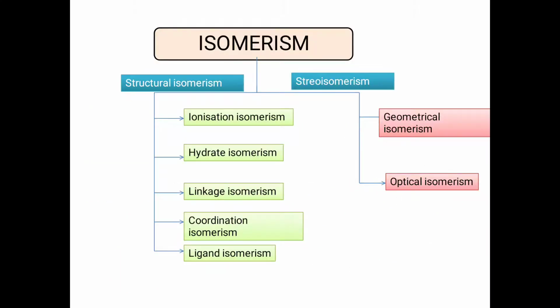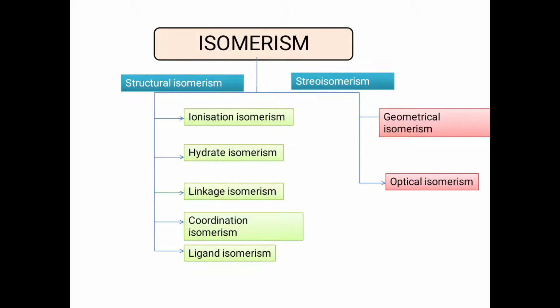So let's start with isomerism. There are two types of isomerism in general, structural and stereo. Structural has 5 subtypes: ionization, hydrate, linkage, coordination isomerism, and ligand isomerism. Stereoisomerism has 2 types, geometrical and optical.